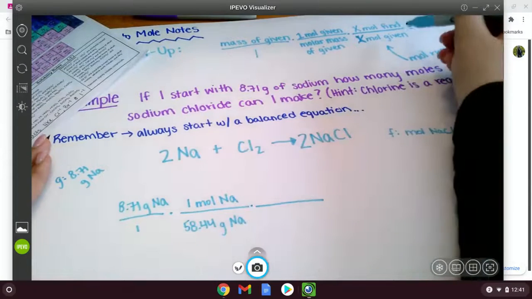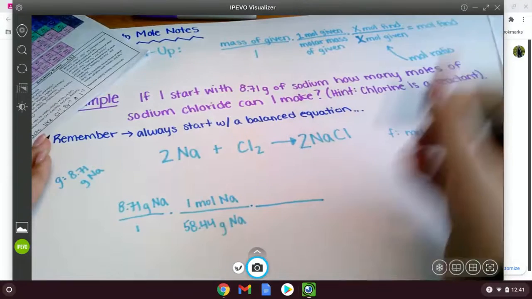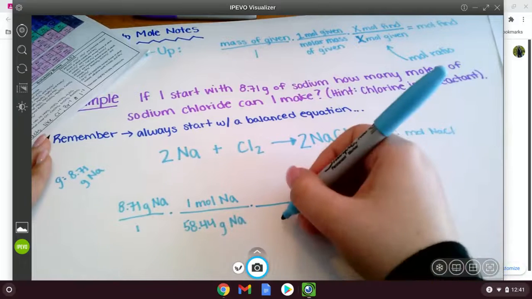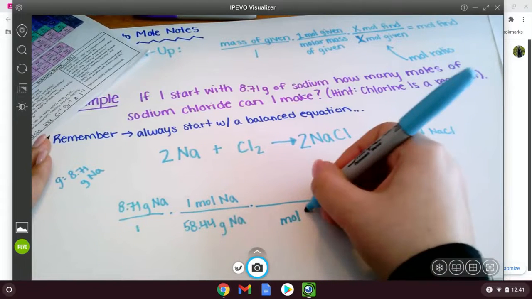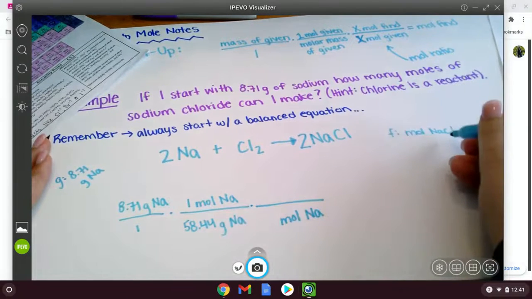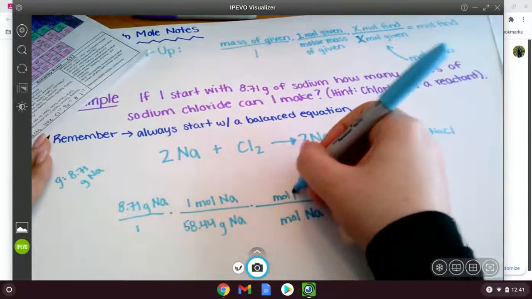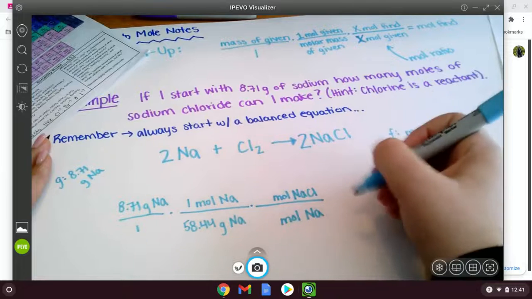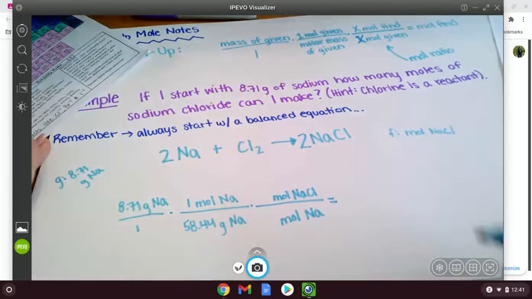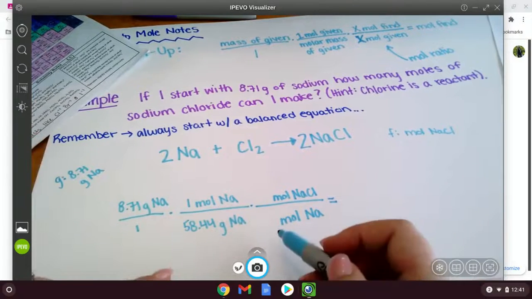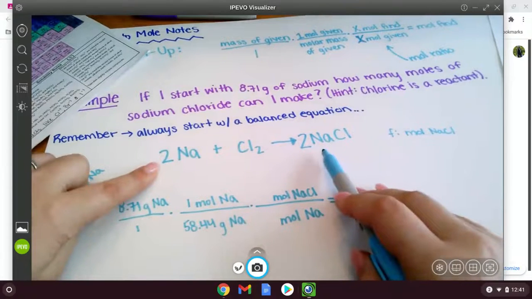So now I'm at my mole ratio. So I'm going to have mole of given, which is my Na, underneath my mole of find, so mole NaCl, and then my equal sign. So for my mole ratio, I need to look at my balanced equation.